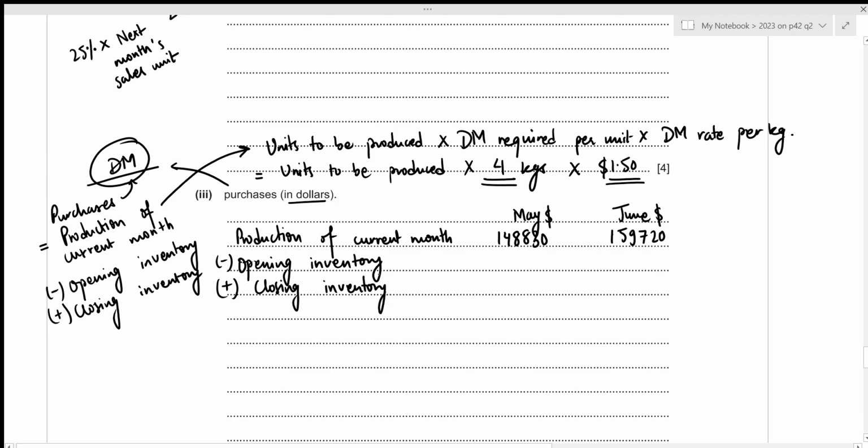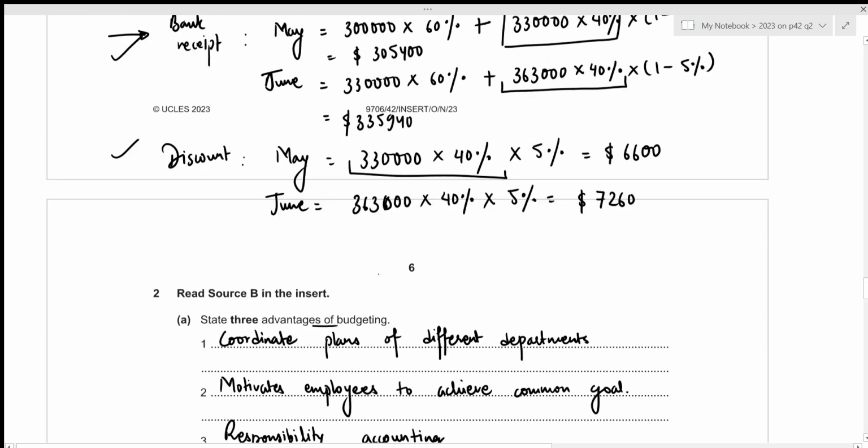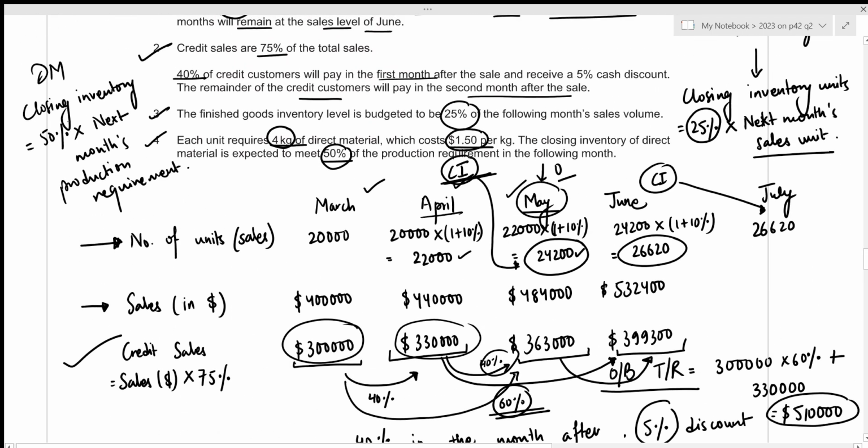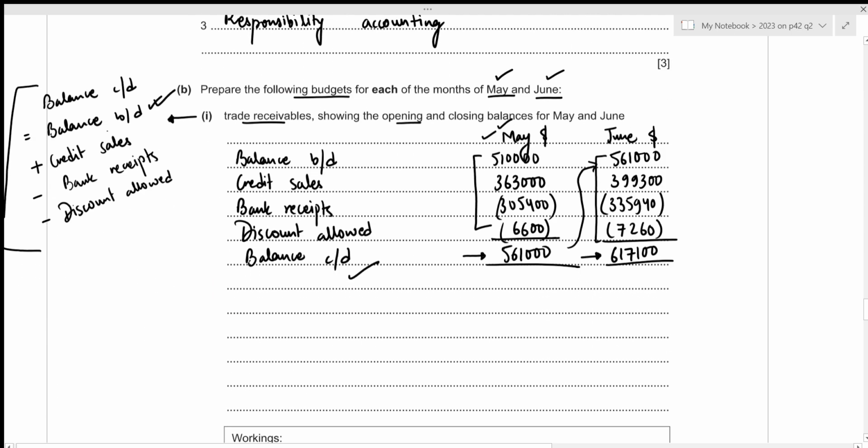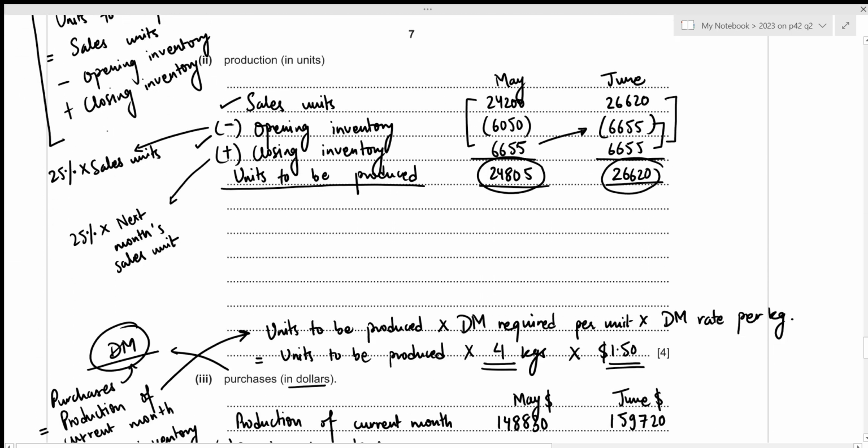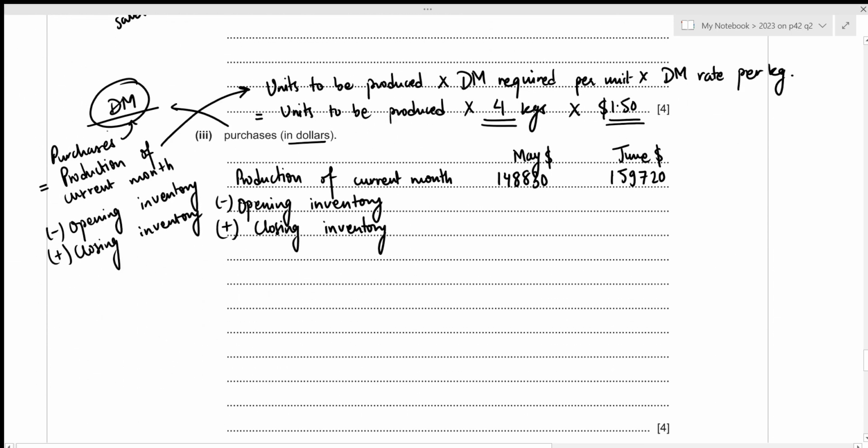Again, the criteria for our closing inventory was given for the direct materials as well. It was 50% of the next month's production requirement. Okay, so the opening inventory for the month of May is going to be the closing inventory for the month of April. So the calculation should be 50% times current month's production.